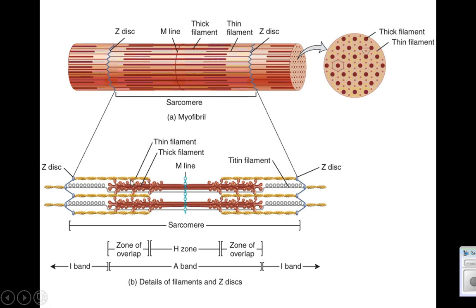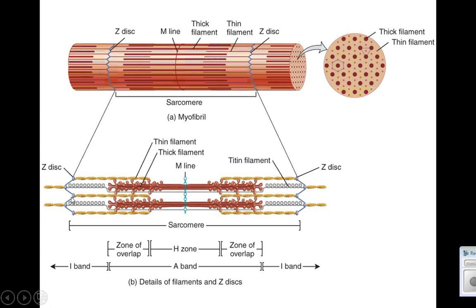Down here are the very yellow colored lines. That's what the Z discs do. At the very center, or middle part, of our sarcomere is an M line, which is made of proteins that split the thick filament in half. And then you end up with thick filaments that run this direction and part of the thick filament that runs in this direction.